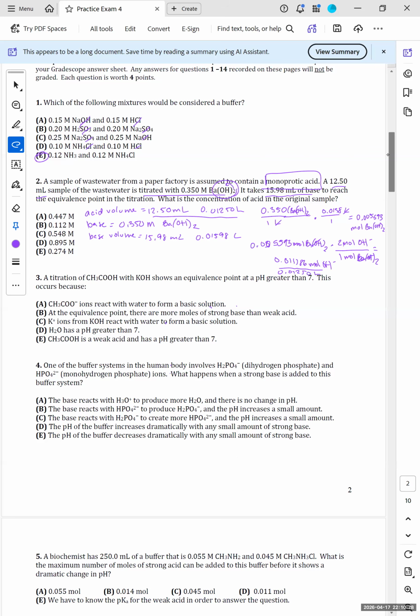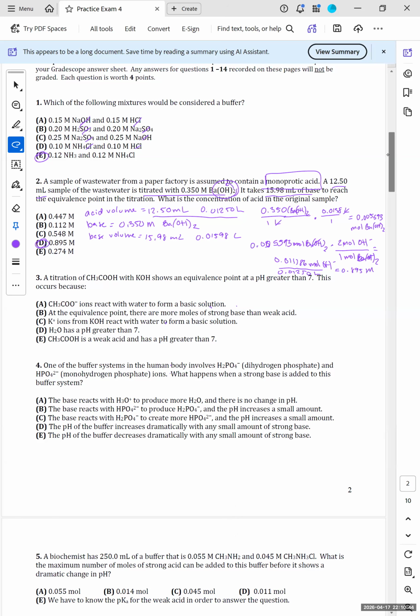I'm sorry, there's not a lot of room for math here, so it's a little sloppy, but that ends up giving me 0.895 molarity, which is answer D.